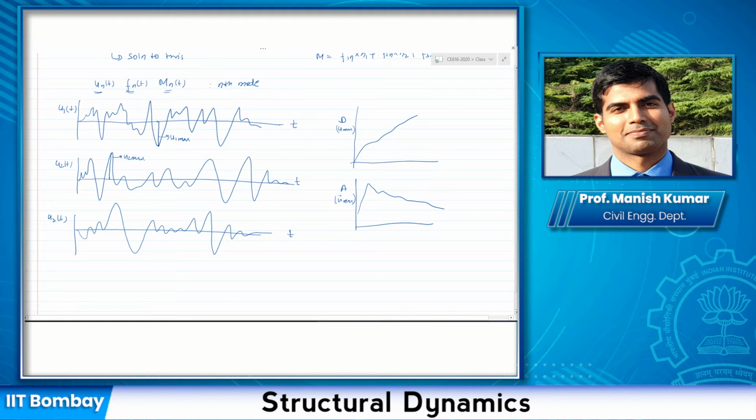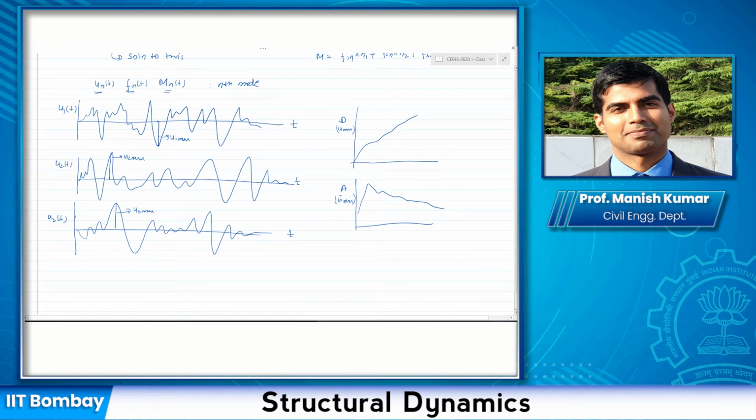And for the third case, let us say this is my U3 max. Can you appreciate the fact that if I have n single degree of freedom systems, their maximum response would occur at different times? Like for the first case, it would occur at this time, for the second case at this, and the third case at this point.